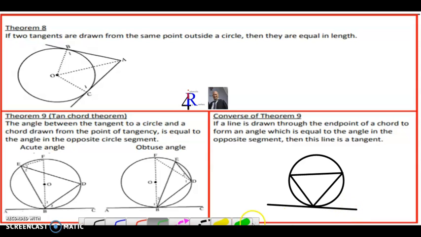I quickly make: if this angle is equal to that angle, then this line is a tangent. Or if this angle over here is equal to that angle, because there's the chord, there's the line segment, if they are equal, then this line segment is a tangent.